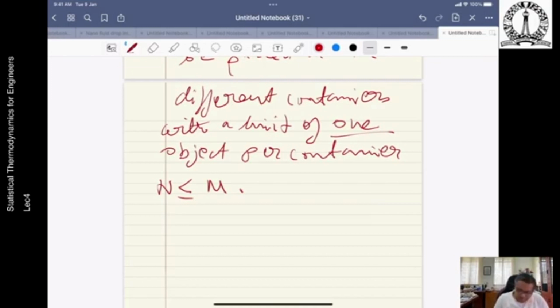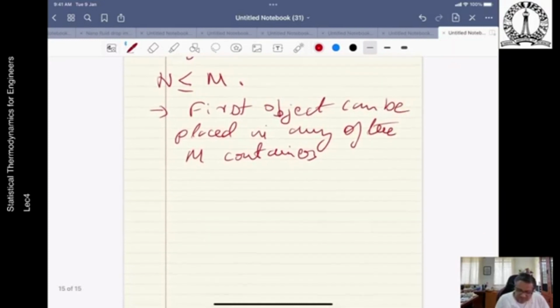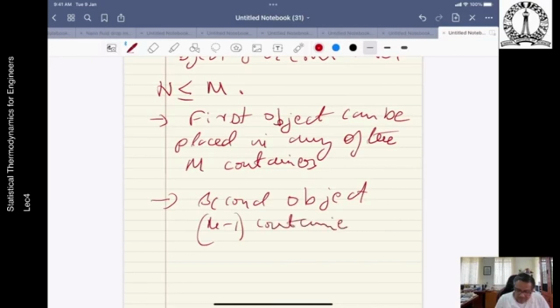So if I write it properly, the first object can be placed in any of the m containers. Similarly, the second object can be placed in m-1 containers, and so on and so forth.